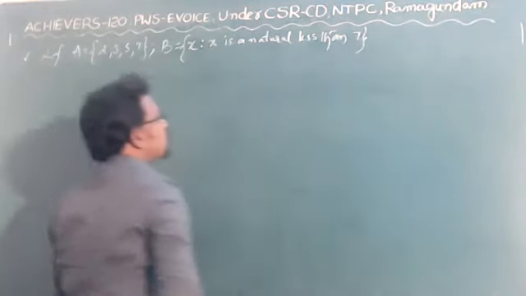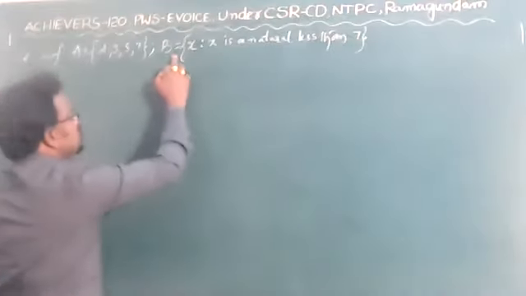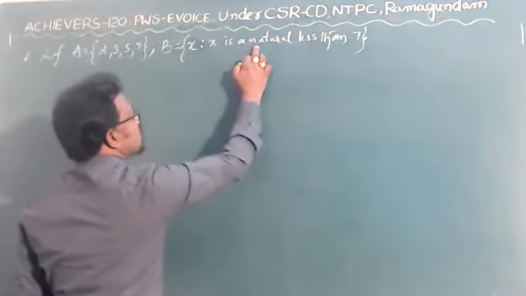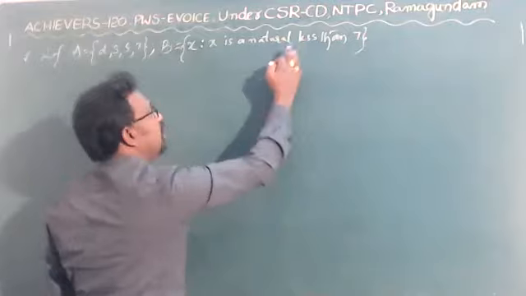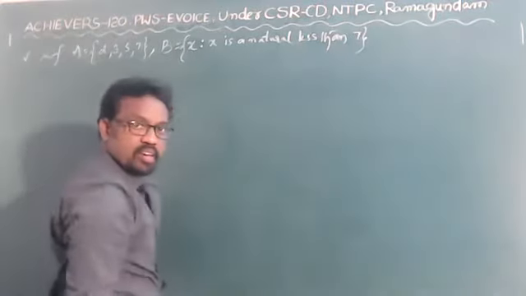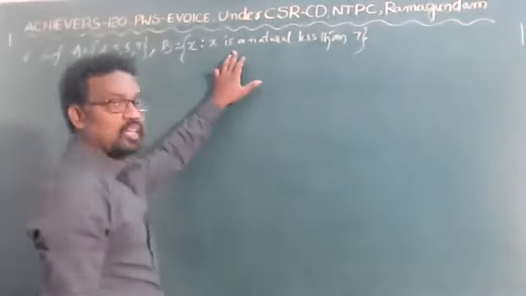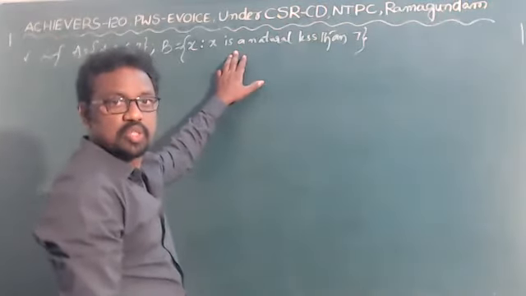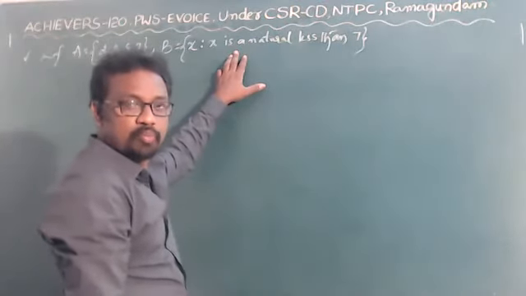The colon symbol means "such that". B is equal to x such that x is a natural number less than 7. This is called set builder form.